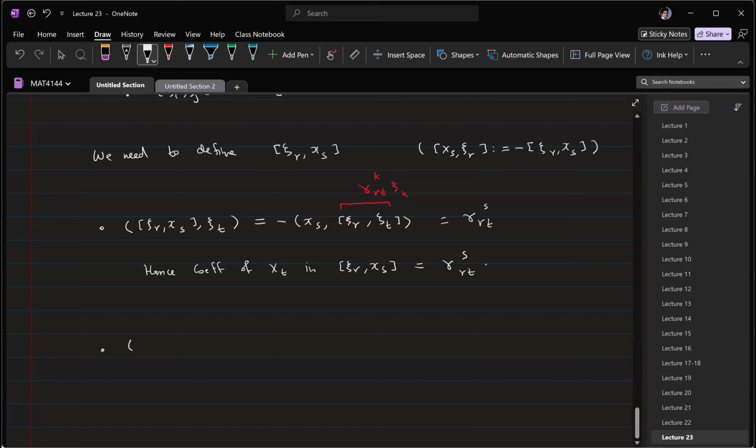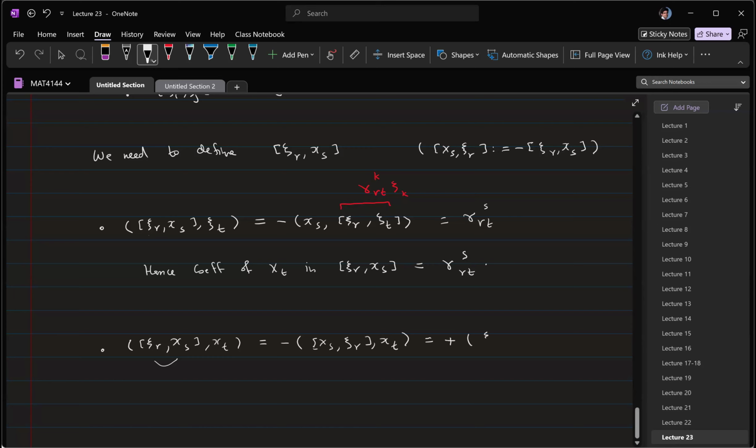If I write the pairing of the bracket of CR and XS with XT, this time I can first switch these two and write this as minus the pairing of XS with the bracket of CR and XT. And now this time it's the X that moves to the other side. So this will be now a plus because I have to change signs one more time.